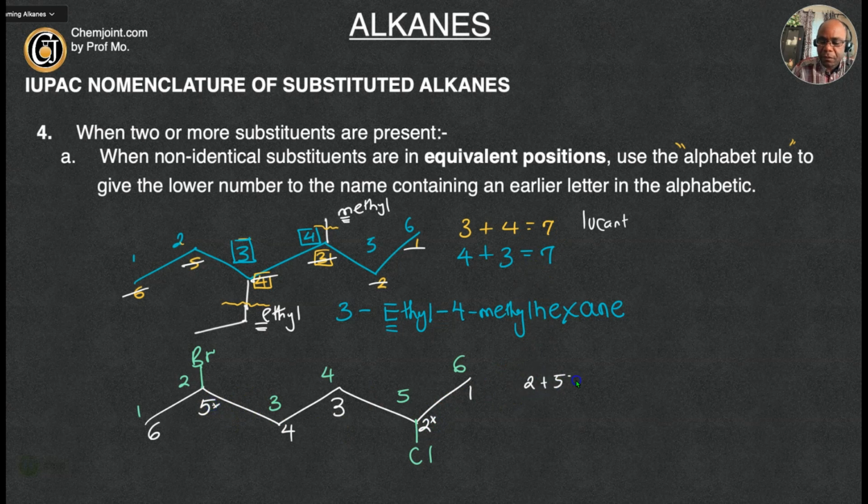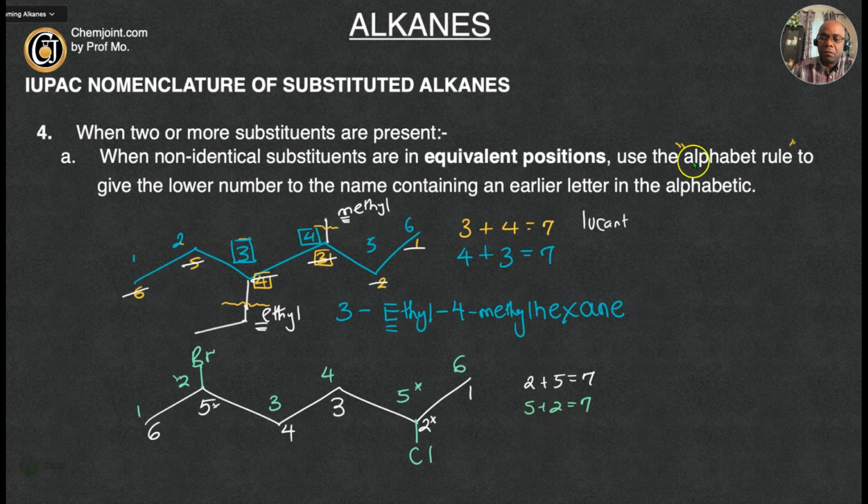So 2 plus 5 will give you 7. If you go with the greenish, you have something at 5 and something at 2. So it will be 5 plus 2 equals 7. We would have gone with the sum of the locant positions that gives us the least total. But looking carefully, we see that they are all the same.